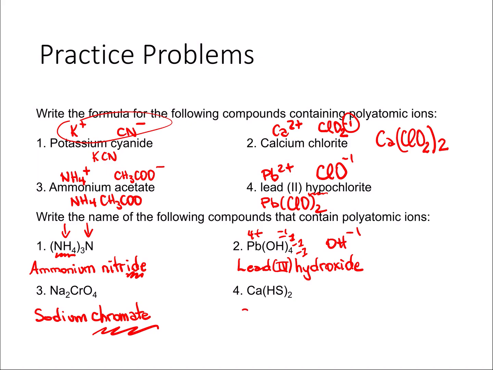What do we got? Calcium. And then you've been looking at HS. In a periodic table, you go to HS, and it's got 2 names. It's got an older name. Currently, the most scientifically known name is hydrogen sulfide. HS can be called hydrogen sulfide.